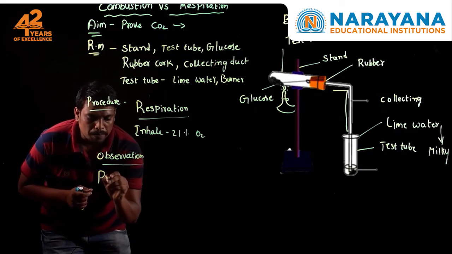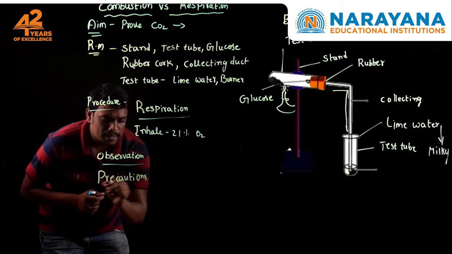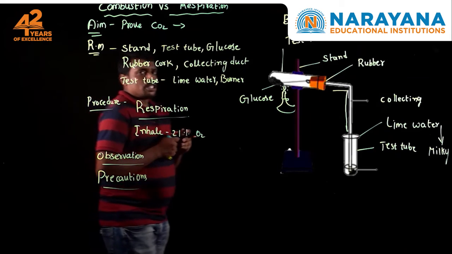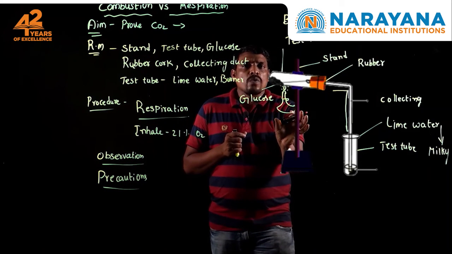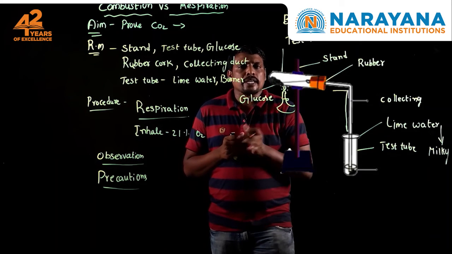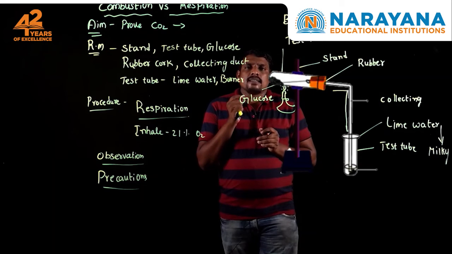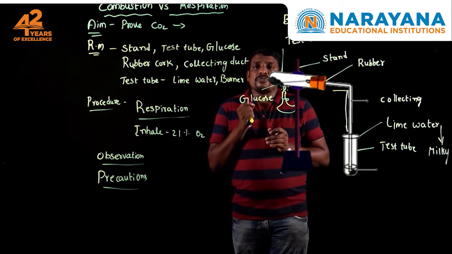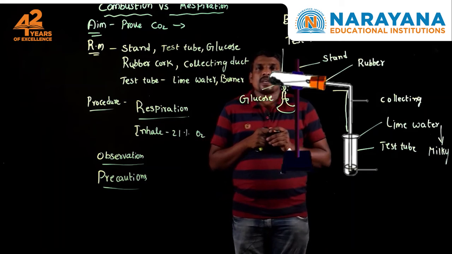What precautions will you write in this experiment? Precaution number 1: we should not overheat the test tube which contains glucose. Only up to a few seconds we have to heat up the glucose.